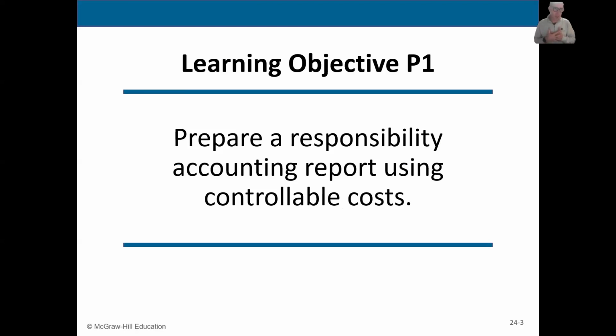As a manager, it's so important for me to control cost as much as possible. As you know, there's a lot of cost associated with running a business. There are controllable costs and uncontrollable costs. And we're going to talk about what these are here.